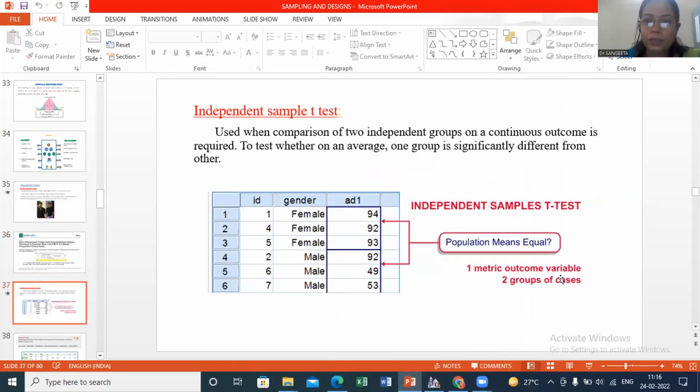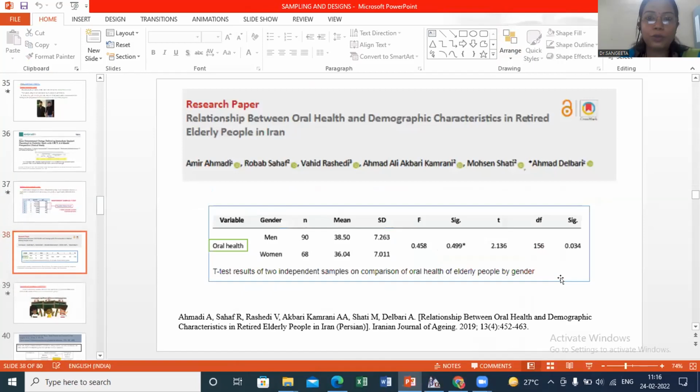So what when there are two groups? When there are two groups and you are going to check the means between these two groups, I'm very sure all must be thinking, oh, it is an unpaired t-test. Yes, absolutely right. It's a t-test that we are going to apply. And the data that we are going to use here is the mean and the standard deviation.